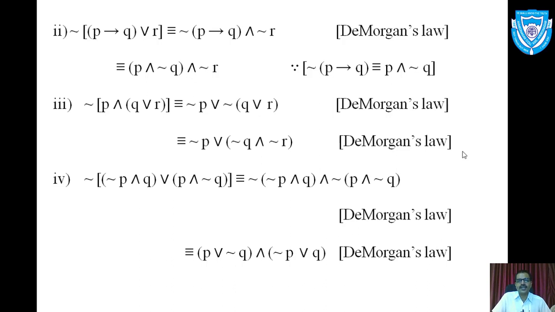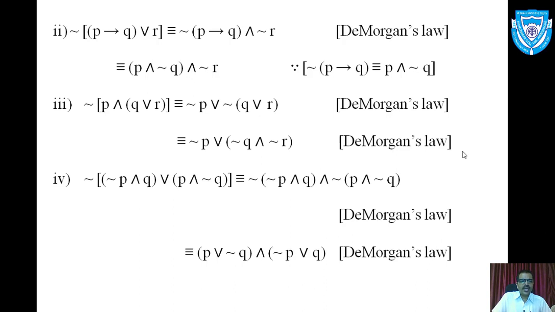You can verify this result also using a truth table. So here negation of P implies Q can be replaced by P and negation of Q, and the remaining part, and negation of R, can be carried as it is. Like this way we get the negation of the given proposition.